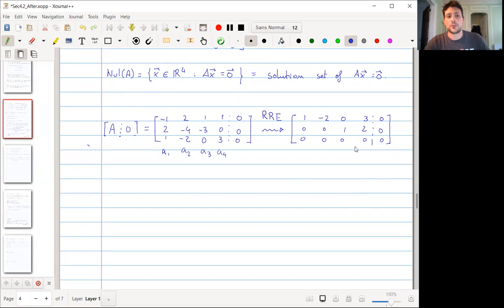From the reduced row echelon form, we can read off the solution space to our system.